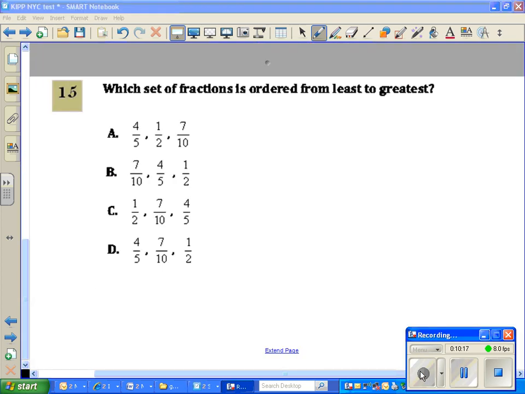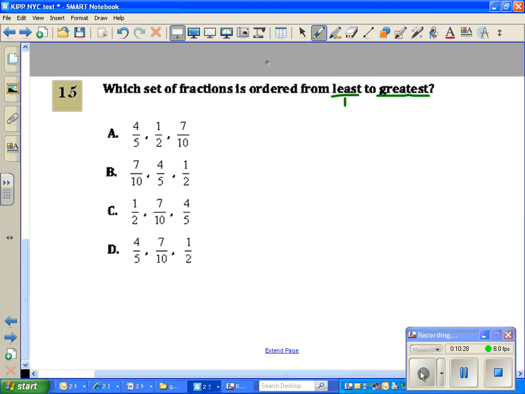Okay, number 15 says, which set of fractions is ordered from least to greatest? So it's looking for least to greatest. I'm going from the smallest to the largest.